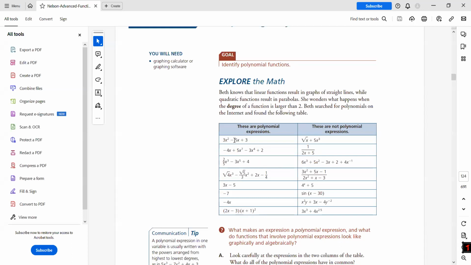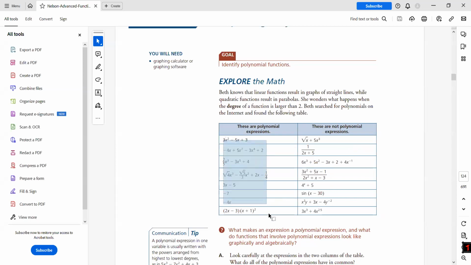As well, 2 is also a polynomial function. So a quadratic function is a polynomial function as well. And there is a difference between polynomial functions and polynomial expressions. Why? Because a polynomial expression has certain rules on how it must be written. A polynomial function is just a general classification of types of function.